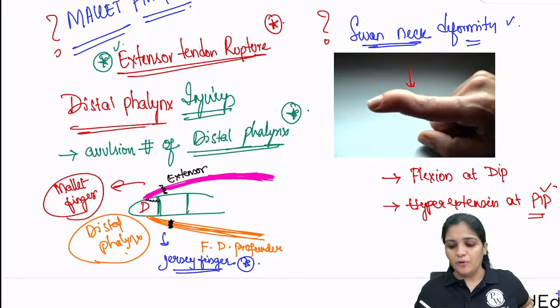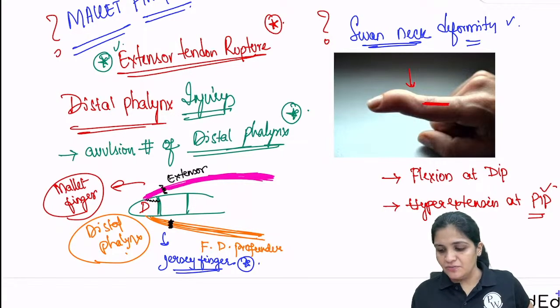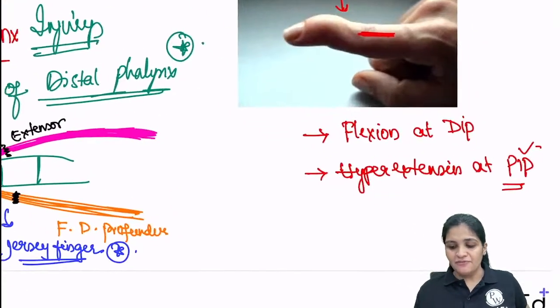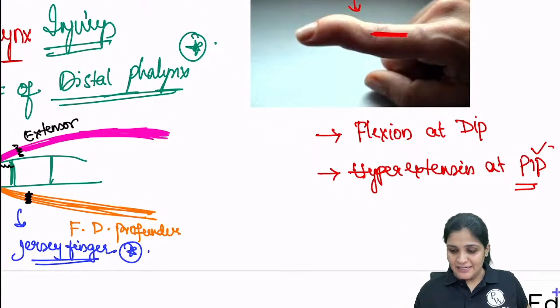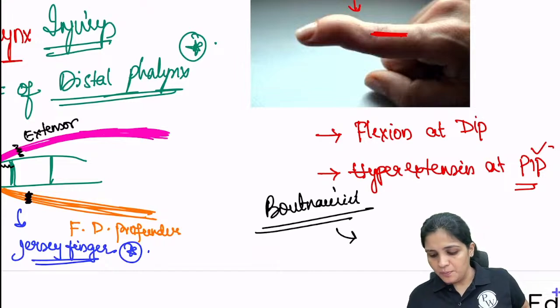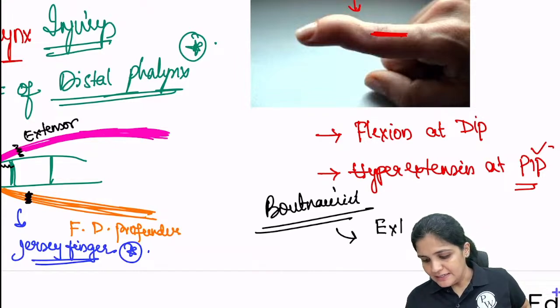There is no hyperextension in the PIP. So swan neck deformity is flexion at DIP, hyperextension at PIP. Similarly, boutonniere deformity is exactly opposite, where you have extension at DIP, flexion at PIP.